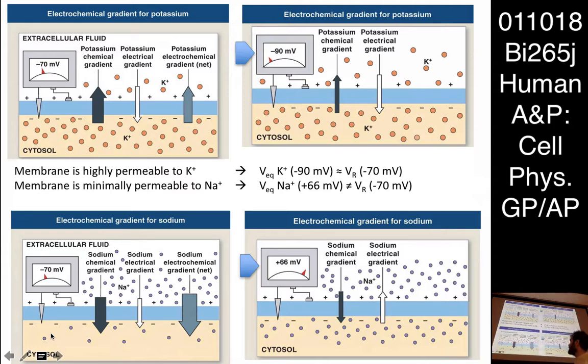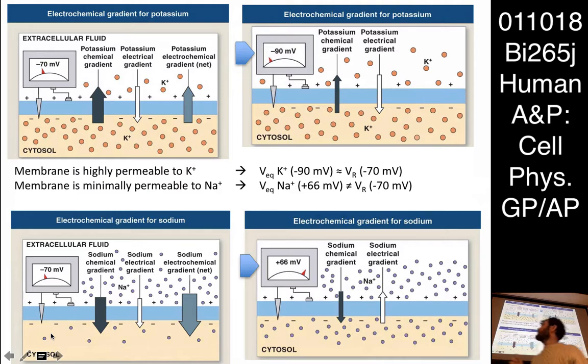So what's going to happen is a little bit of potassium is going to go outside the cell until the chemical gradient is equal and opposite to the electrical gradient. All right? If they're equal and opposite in force, then they're going to cancel, and there's going to be no net efflux or influx of potassium. Yes? No? Sort of?